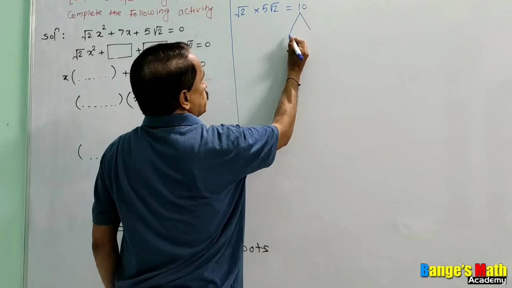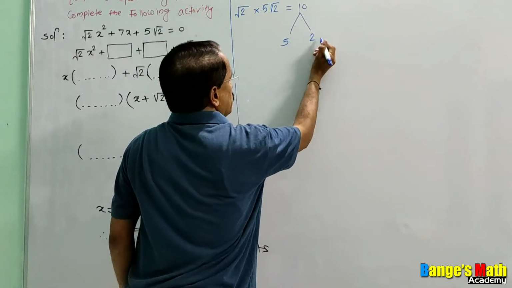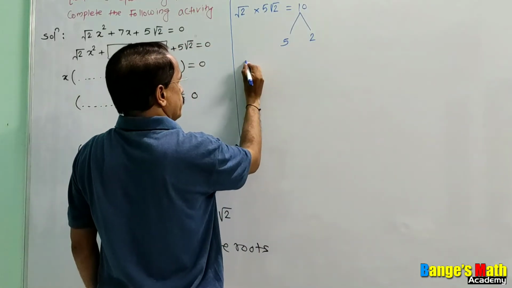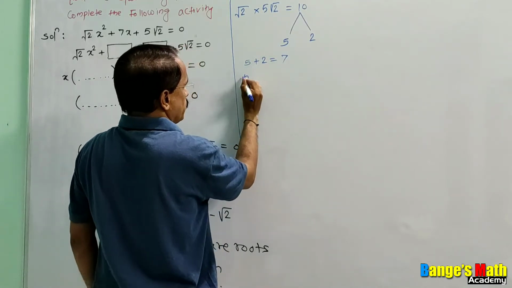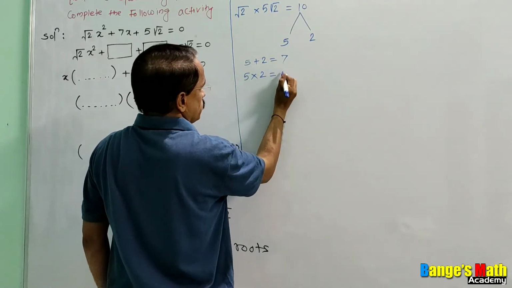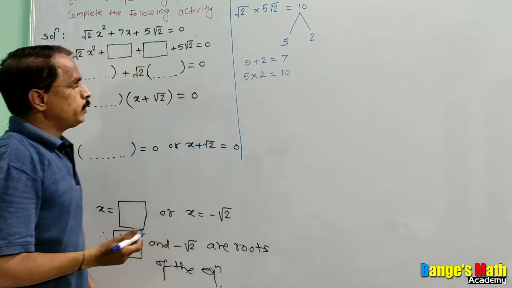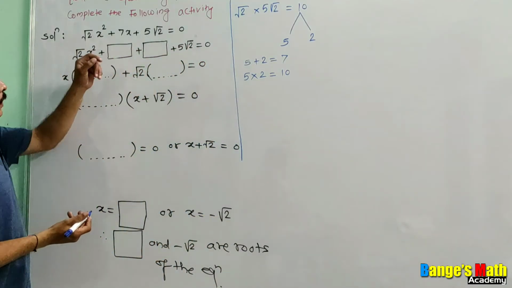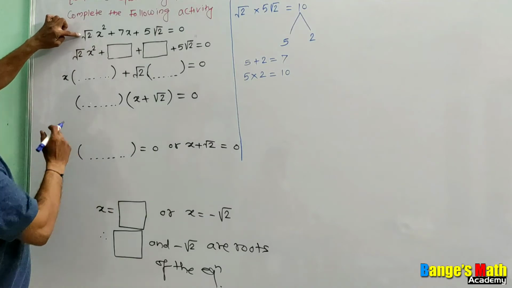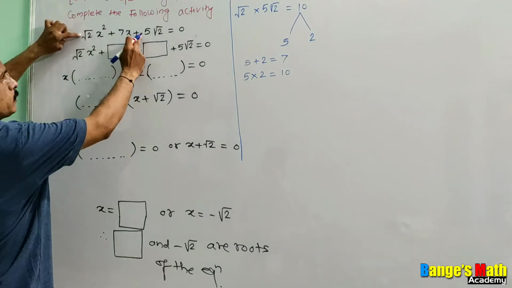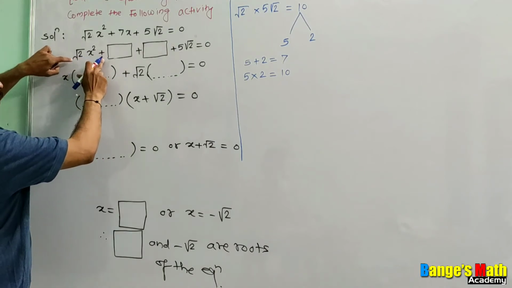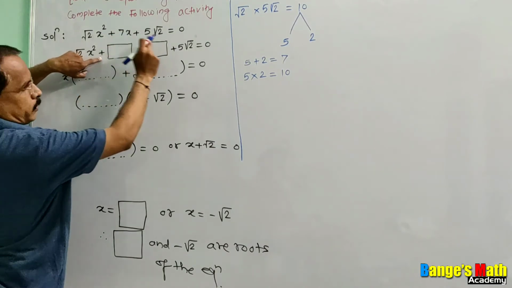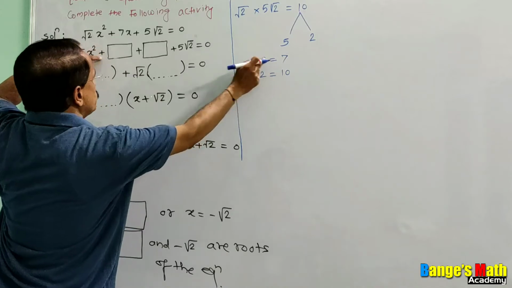Find two numbers such that their sum is 7, 5 plus 2 is equal to 7, and their product is 10. So we split the middle term like this. So write down the middle term. See the example, root 2x square plus 7x plus 5 root 2 is equal to 0. Then the next step, root 2x square plus, write down the middle term this way, 5x plus 2x.